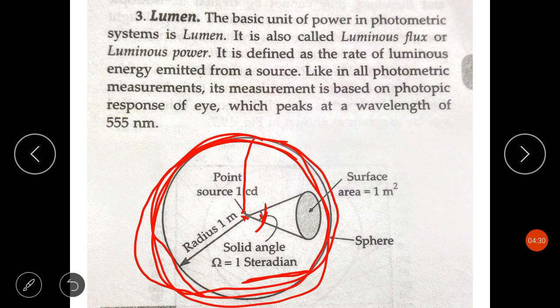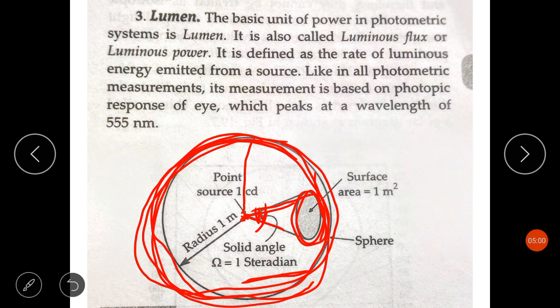So the light which is passing through one steradian, or an area of 1 meter square located on the surface of this sphere, is called lumen.